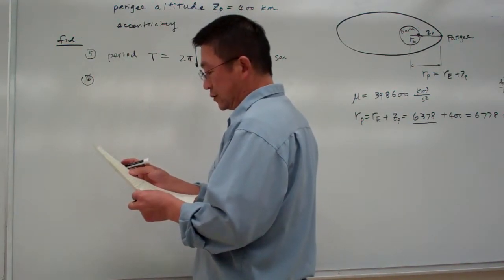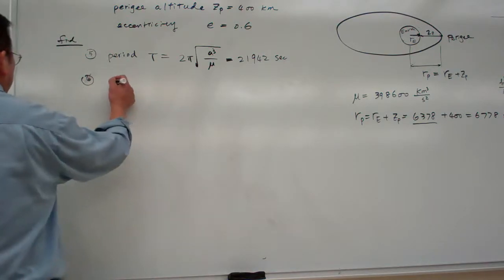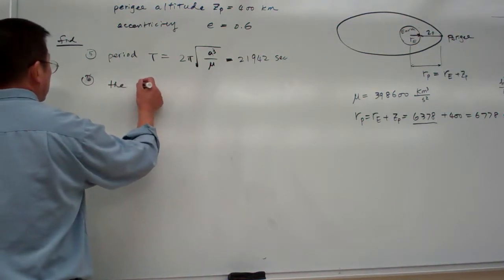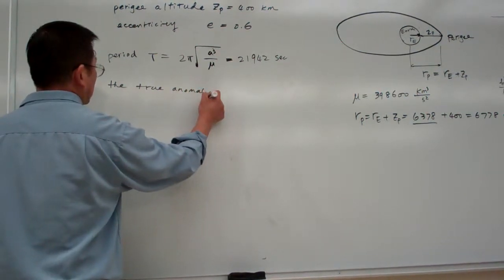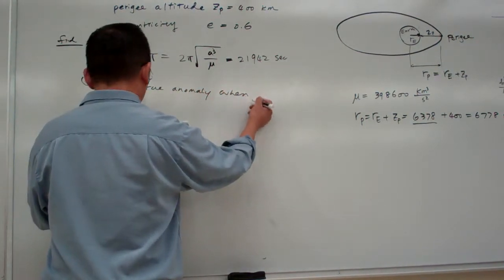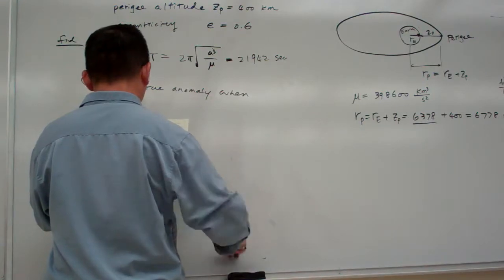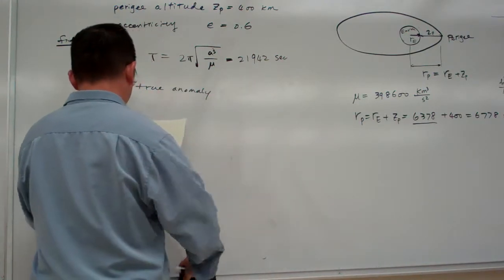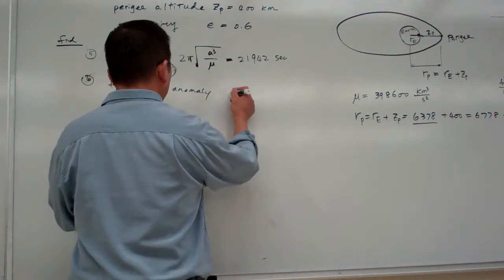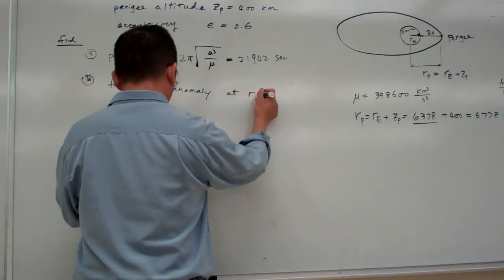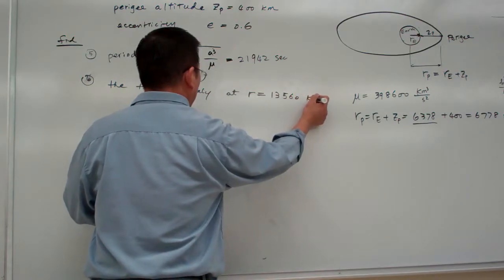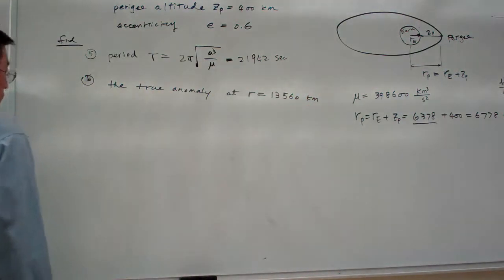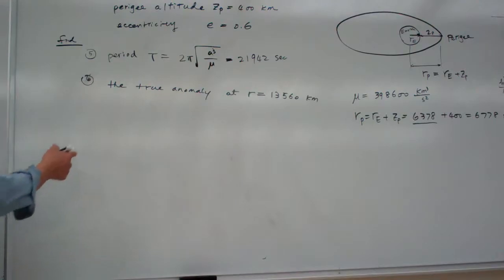The sixth one, the true anomaly. When r is equal to 13560, this one is about the orbit.